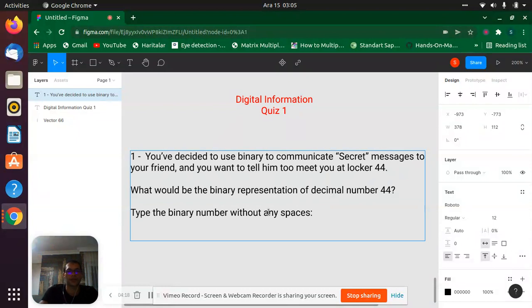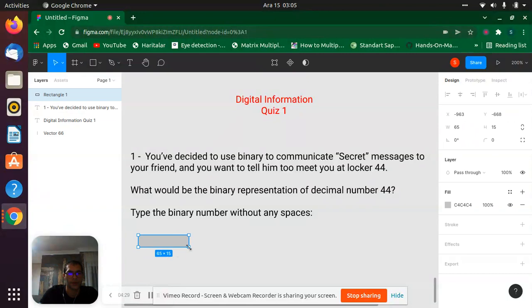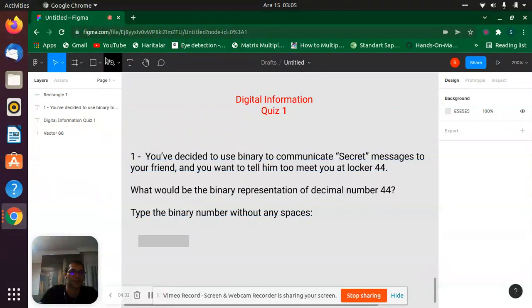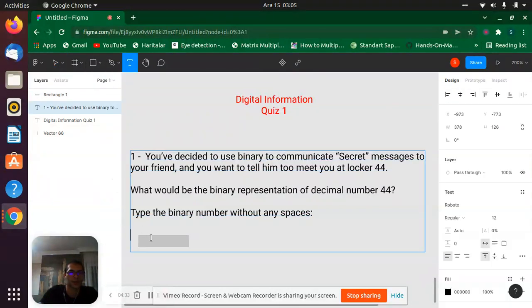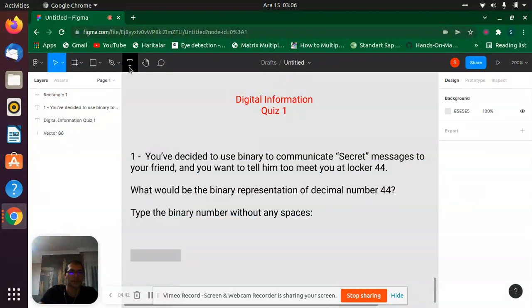Now what I want to do here, I can do something like that maybe. This one here, I can say rectangle, and I will do this one. So this will be our answer, and maybe this one can be a little lower. Really it doesn't matter.